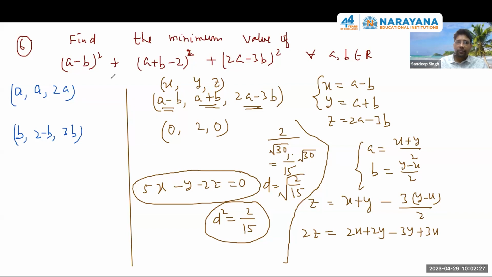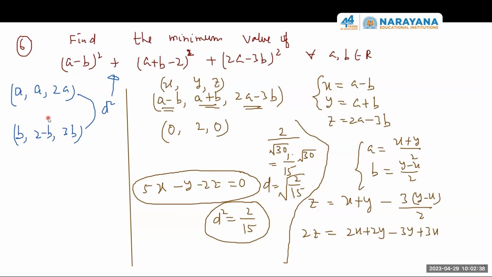Now what do they represent? इनके बीच की डिस्टेंस का स्क्वायर रिप्रेजेंट कर रहा है या नहीं कर रहा? Does it represent the distance between these two also? Agreed? Yes, sir. And basically, what do they represent these points? They represent lines, skew lines.